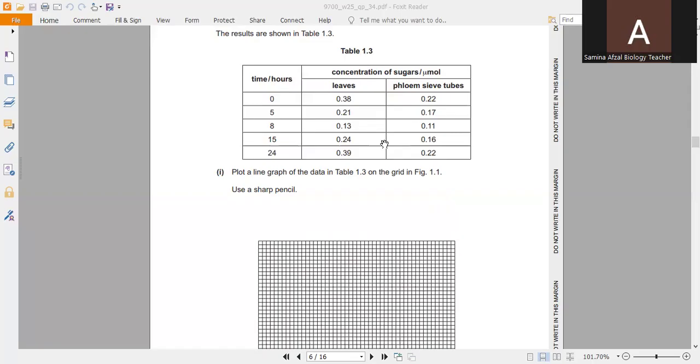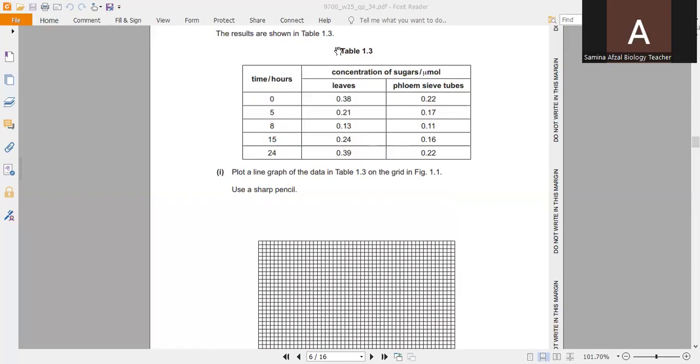I need these values to draw the graph. The values in the table have been given. That is the independent and dependent variable. We have to choose which one is the independent variable.